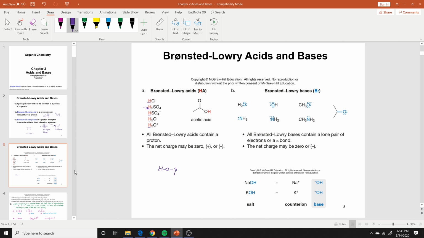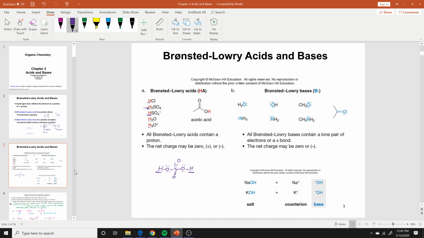Drawing the Lewis structure is very important. So both of these hydrogens are going to be acidic hydrogens that the base can come and take either one of. This is a diacid. It has two acidic hydrogens. So if you lose one acidic hydrogen to the base, you still have another acidic hydrogen, which is this guy over here.